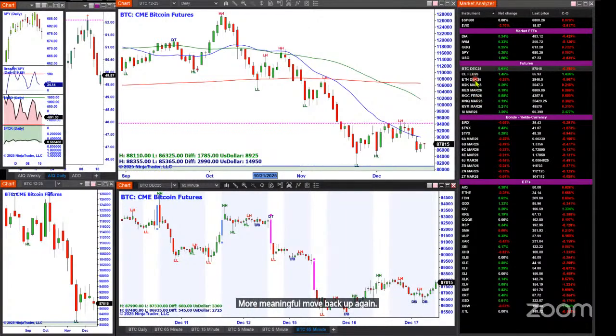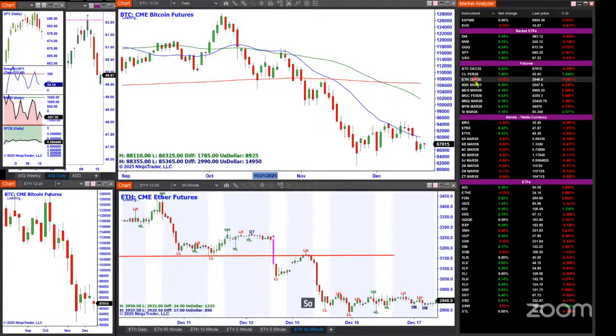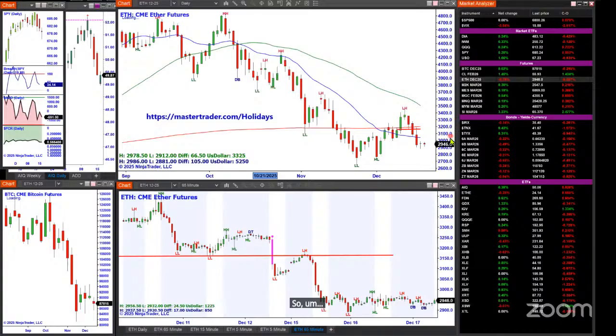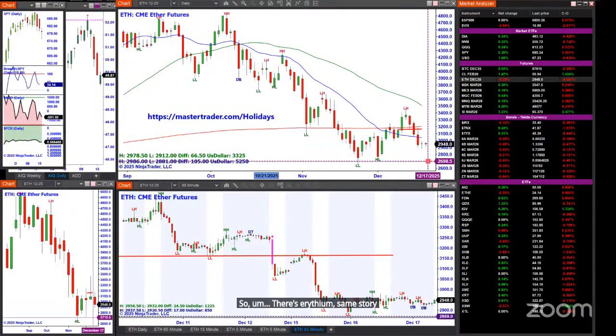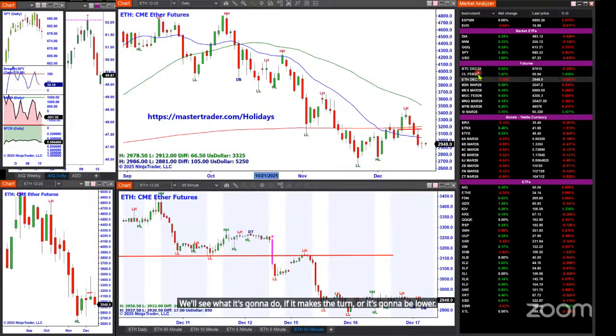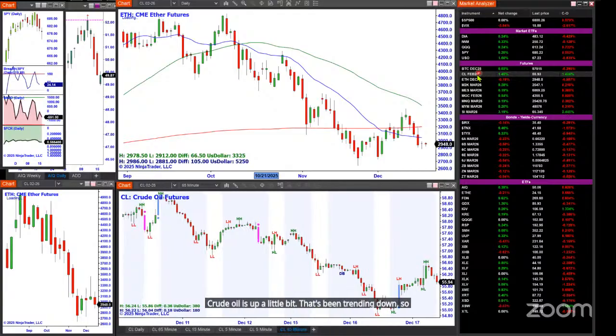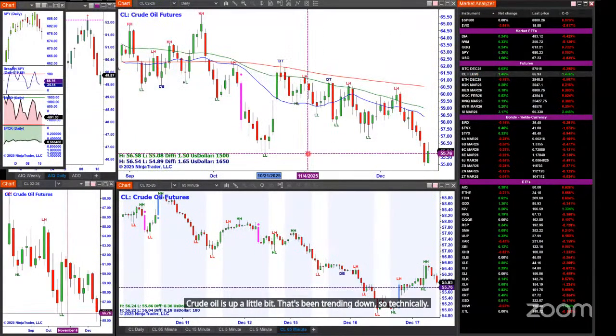All right. So there's Ethereum, same story. It's kind of holding here. We'll see what it's going to do, if it makes the turn or it's going to be lower. Crude oil is up a little bit. That's been trending down, so technically it makes sense for it to do that as it's breaking the low.